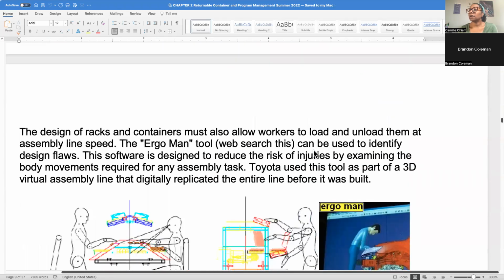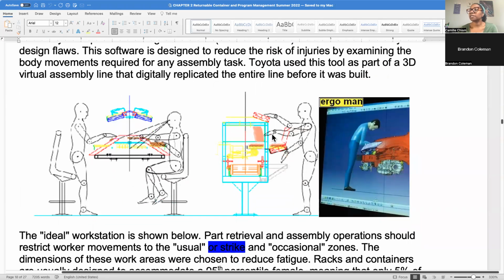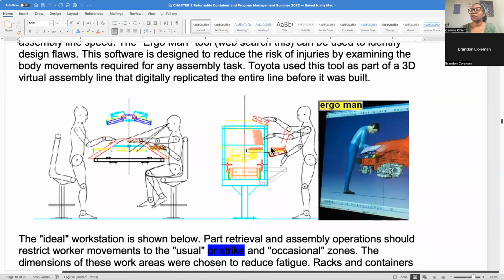I'll go into more of this tomorrow, but this talks about ergonomics. This is that strike zone that I talked about. The operator is working. One thing to notice as I talk about the strike zone in the OEM at the automobile assembly plant, you'll notice that going down the line, the racks are usually behind them or to their side, but in some of the tiers, there are a lot of parts that are loaded.